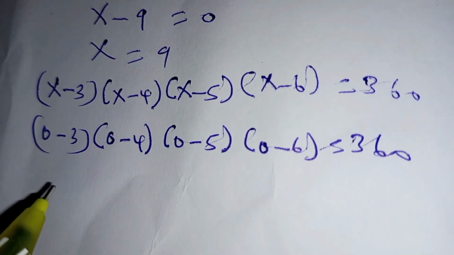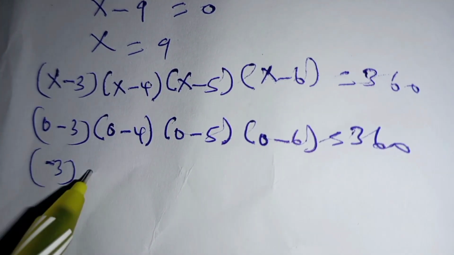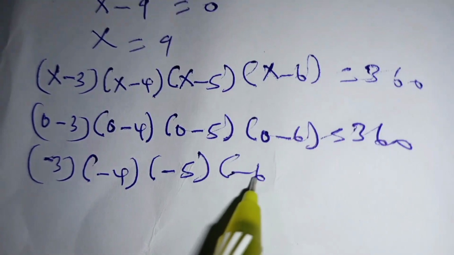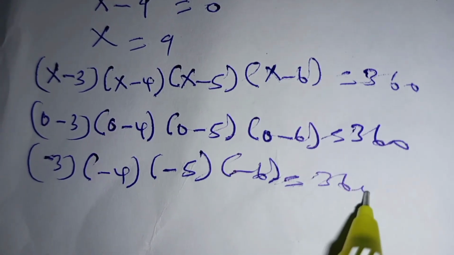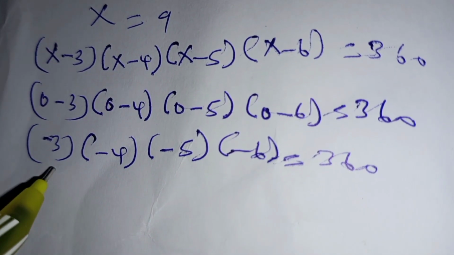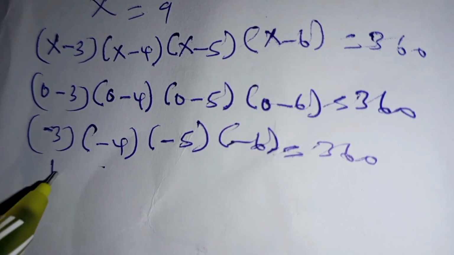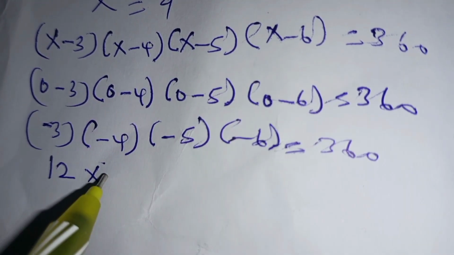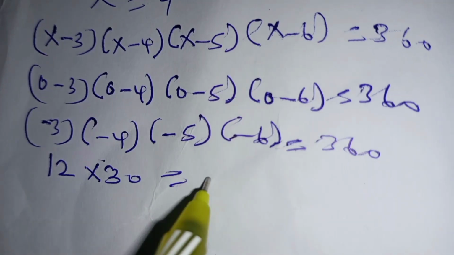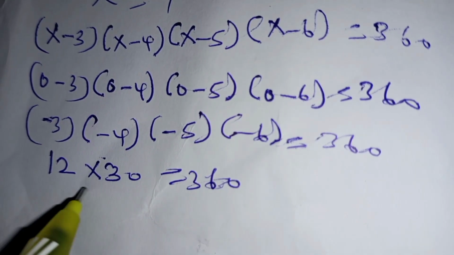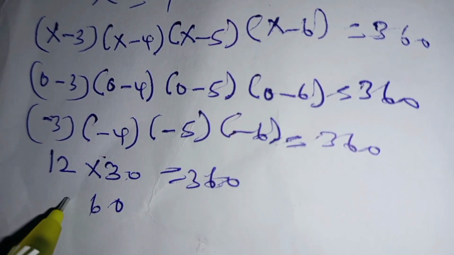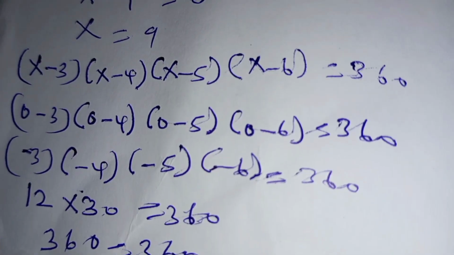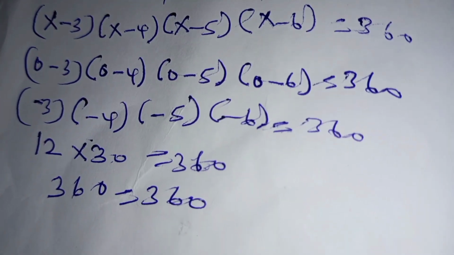Here you have negative 3 multiplied by negative 4 multiplied by negative 5 multiplied by negative 6. Negative 3 times negative 4 is 12, times negative 5 times negative 6 is 30. Is this equal to 360? Clearly you can see 360 is equal to 360. So when x is equal to 0, it satisfies our given equation.